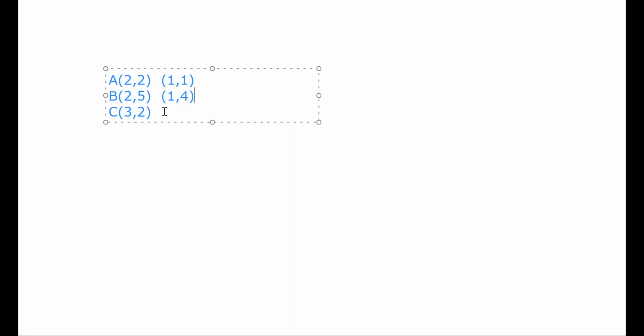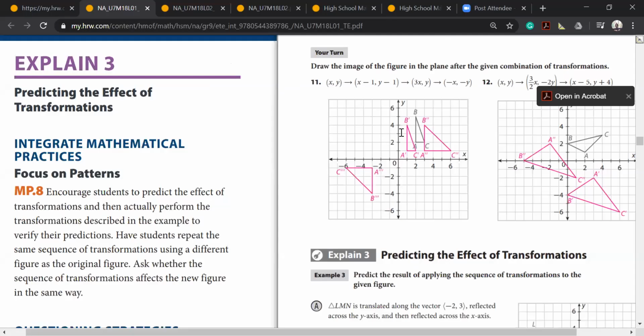And here it's going to be 2 and 1. And then what should I do with these? I should go and grab them. This is going to be A prime, B prime, and C prime, which is going to give you this shape. This will be your shape. The first one, A prime, B prime, and C prime.